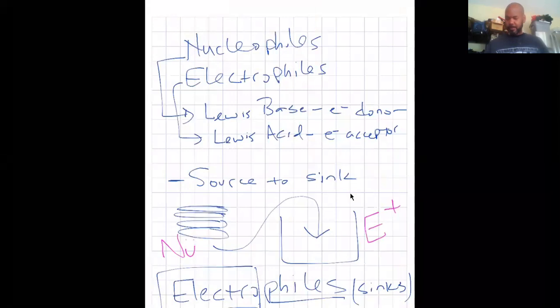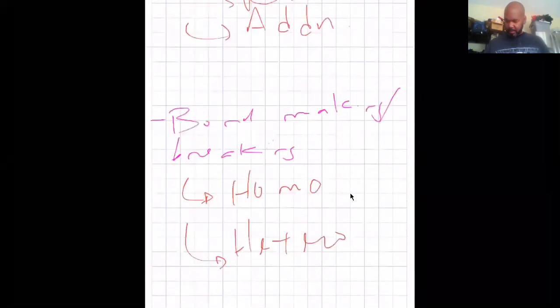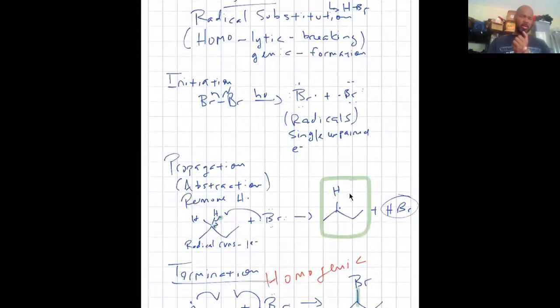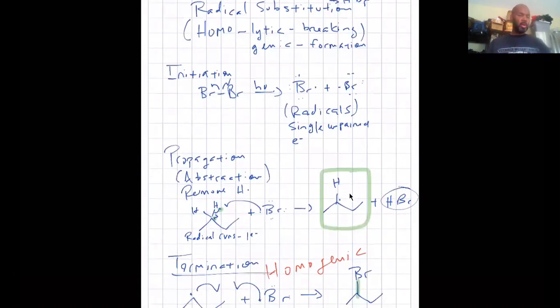Yeah, I think it's in here. Let me find these notes. Yeah, here we go. So we kind of talked about this before a little bit. So I'm gonna review it, and then we're gonna jump in and do some examples.